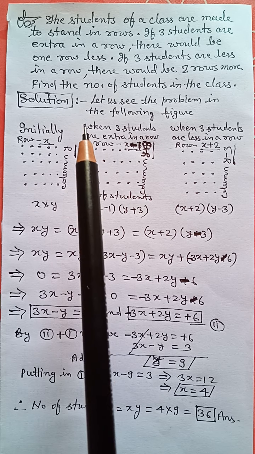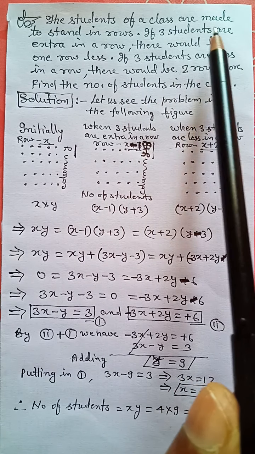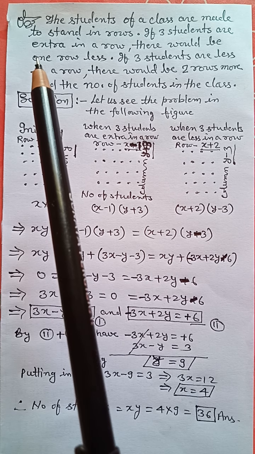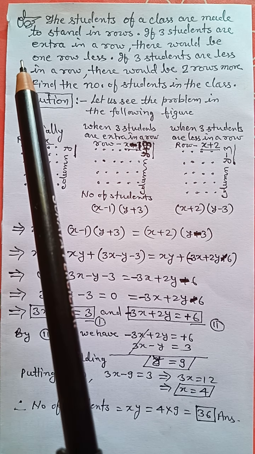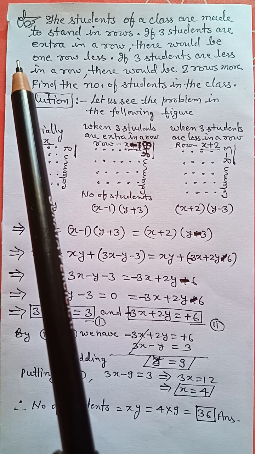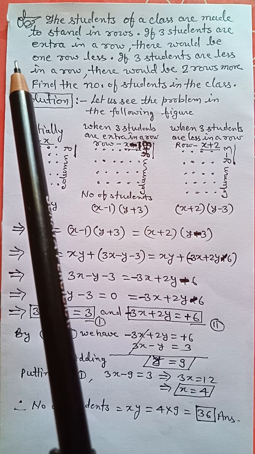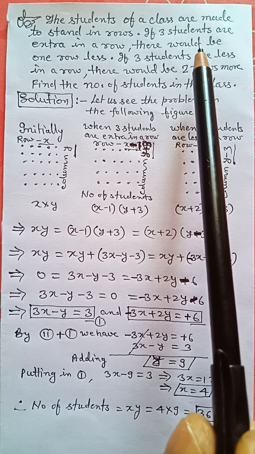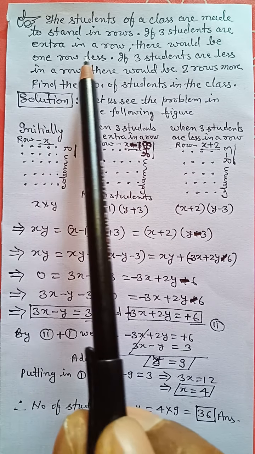Now, as per case 1, that is, if 3 students are extra in a row, that means if in each row 3 students are put extra, then of course the number of rows must reduce, and that reduced number of rows is 1 less.